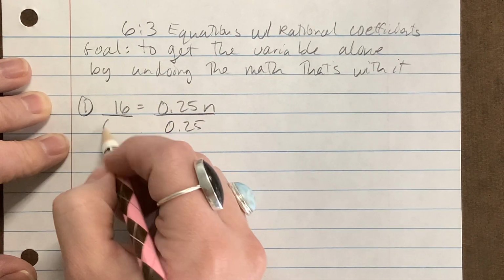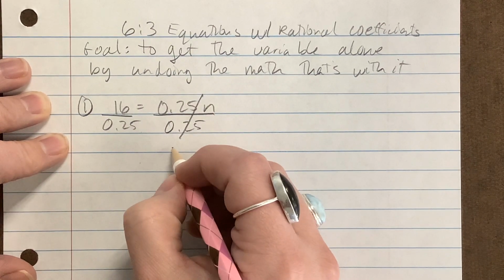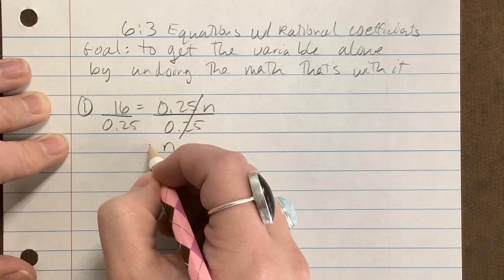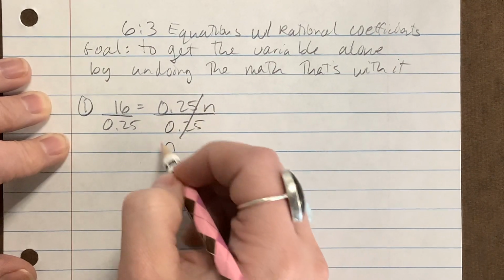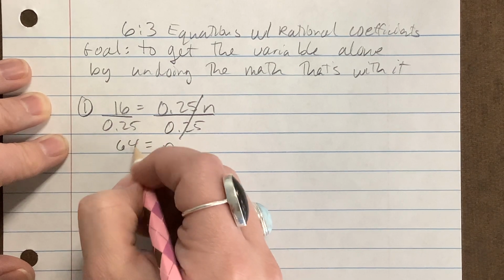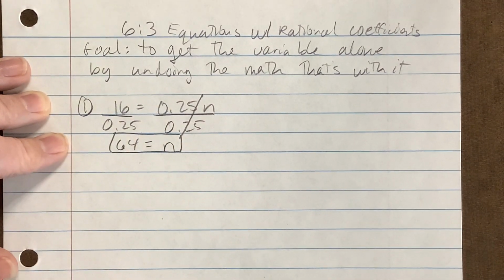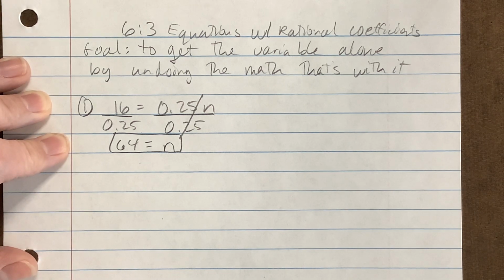So we're going to divide by 0.25. Those turn into 1, so that disappears. Ninja 1. Watcha! So n on that side, and then 16 divided by 0.25 is 64. Okay? And yes, calculators are totally allowed. It's all good.